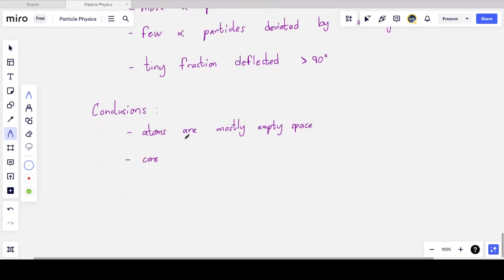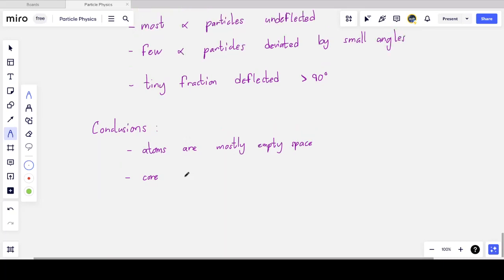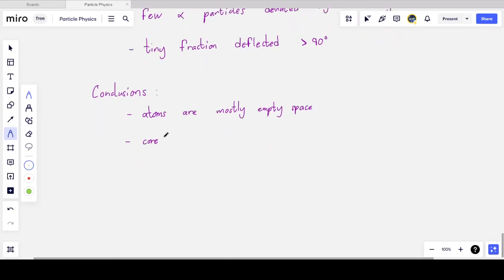The fact that a few particles were deviated by small angles means that the core, the nucleus of the atoms of gold, is generally small and compact. So the core is dense and small.